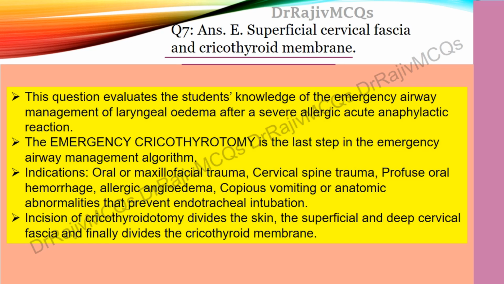The incision of cricothyrotomy first divides the skin, then the superficial and deep cervical fascia, and finally divides the cricothyroid membrane between the thyroid and the cricoid cartilage. As soon as possible, the cricothyrotomy should be converted to a tracheostomy. It is very easy to select the correct answer because cricothyroid membrane is there in only one option, that is E. Hence, the option E is the correct choice.